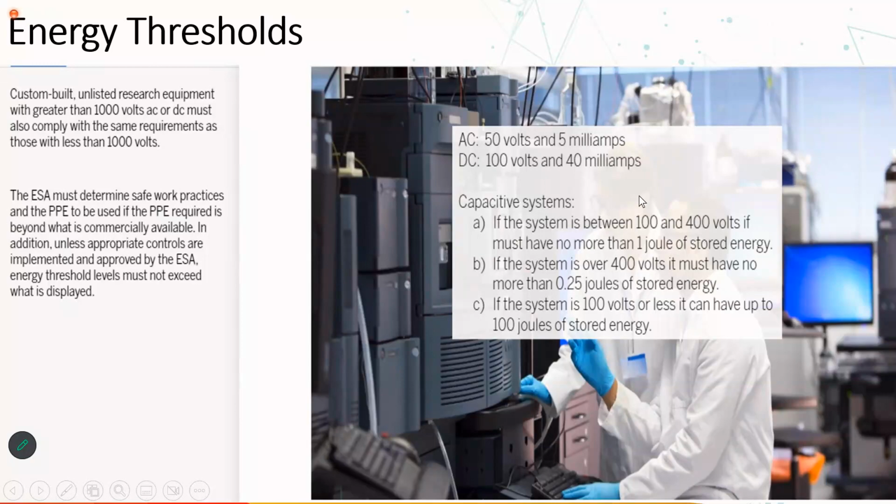Beyond that, we need to put some additional measures. If the task is being performed on DC circuitry and the limits are 100 volts and 40 milliamperes, it is under the limits. If the task needs to be performed above that, then we have to take into consideration applying some other conditions there.